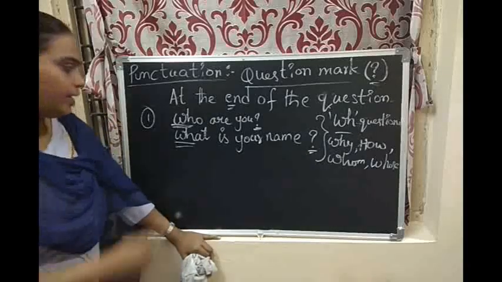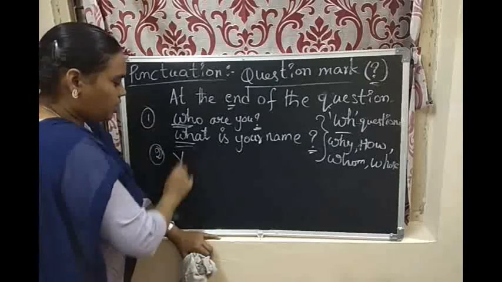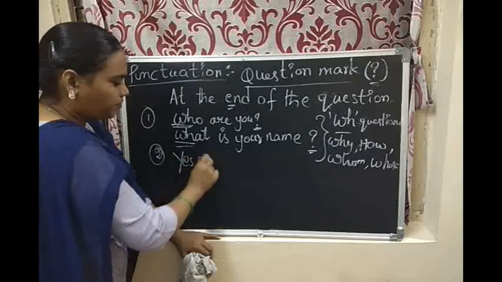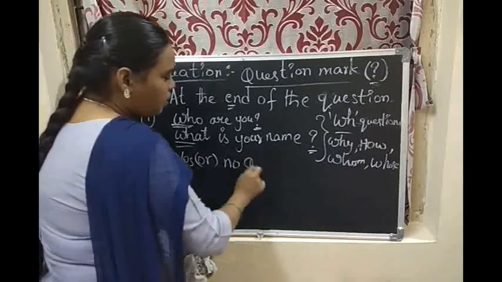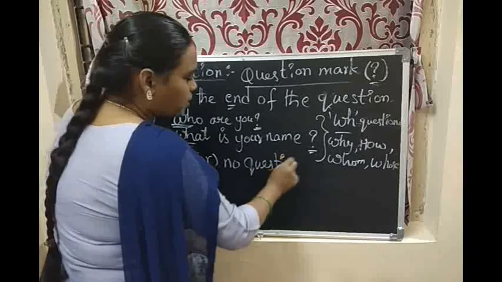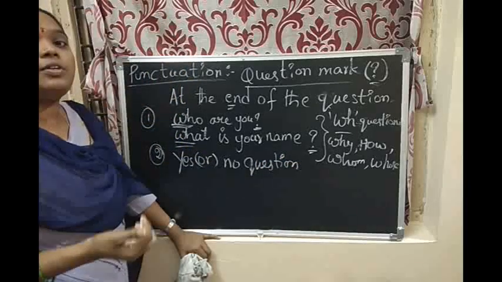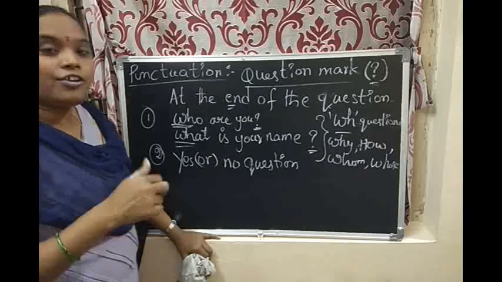Coming to the second type of questions: yes or no questions. That means you know the information about them, and you are asking for confirmation. For example, are you a student?